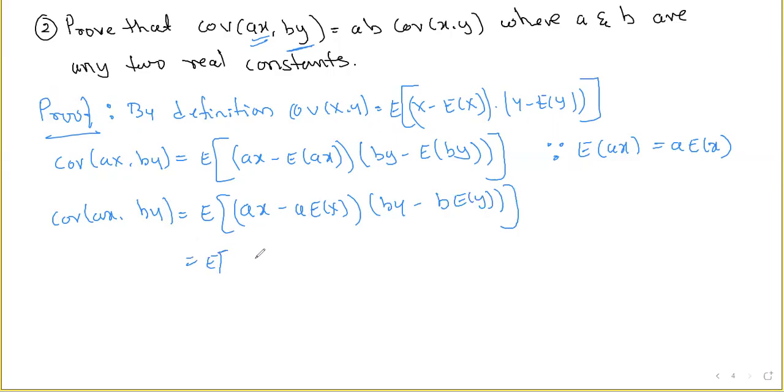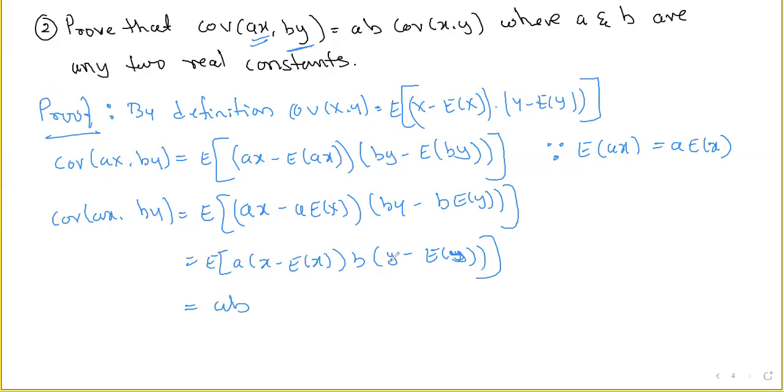So expected value of a into x minus expected value of x. In this, b is common, b into y minus expected value of y, right? So a and b are any two constants. So again, we can take outside the expectation operator.